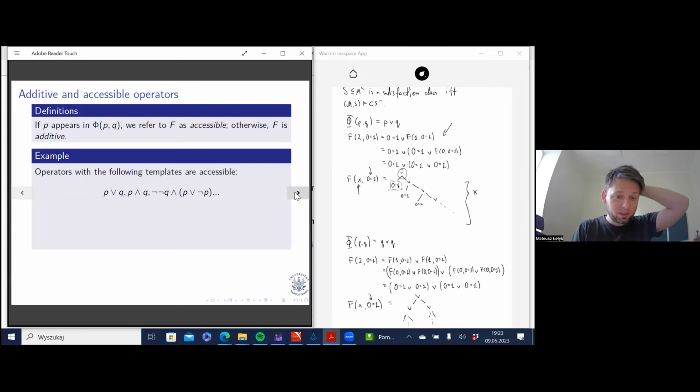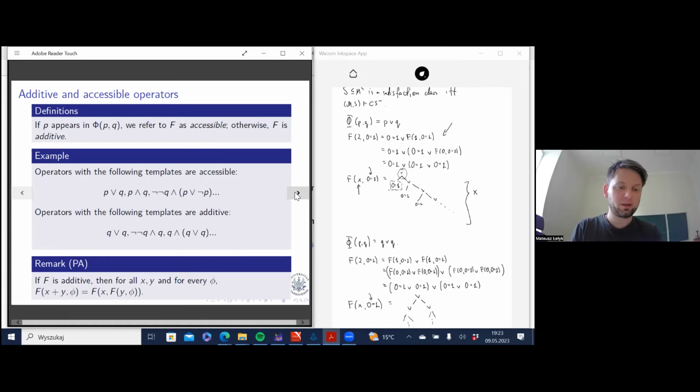Let me draw your attention to the last one, not Q and P or not P. This is accessible because P appears in this formula, even though phi of PQ does not depend on the value of P. And the following templates generate additive operators: Q or Q, not Q and Q, and so on.